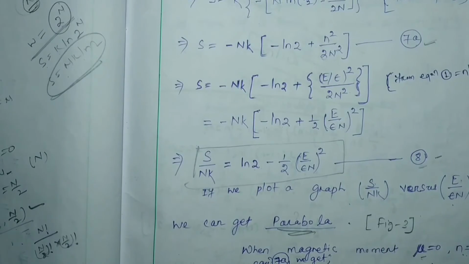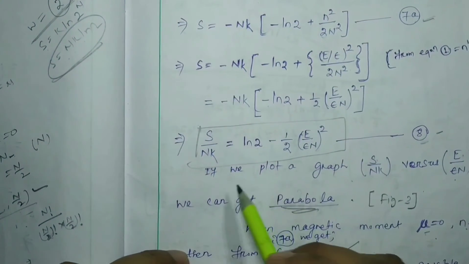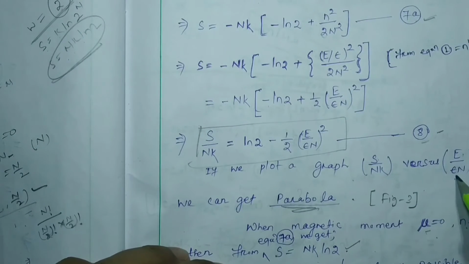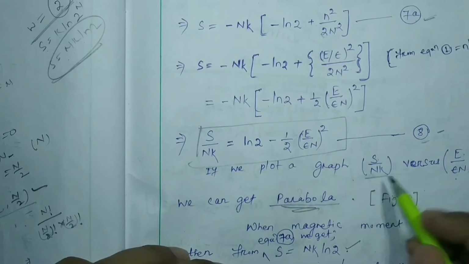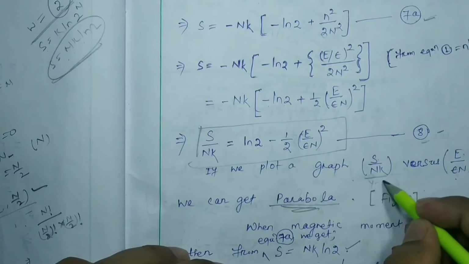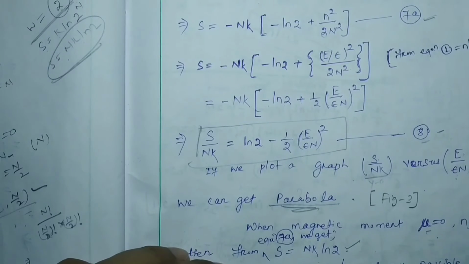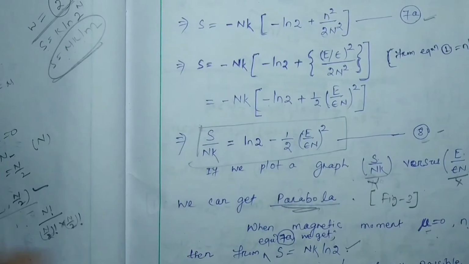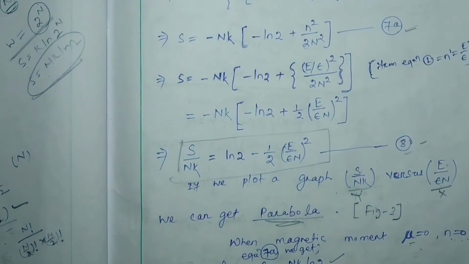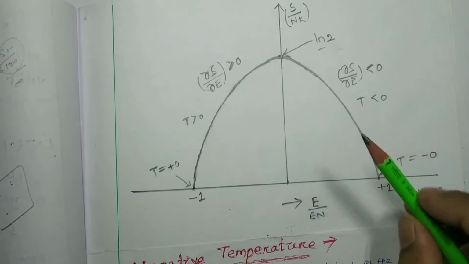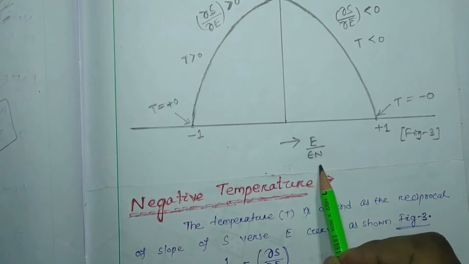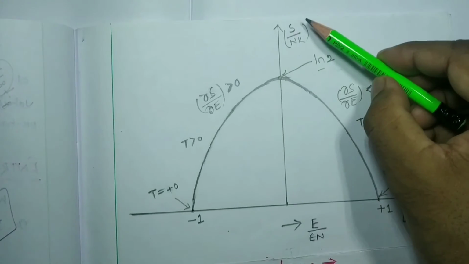And if we are going to plot the graph S by Nk versus E by epsilon N, that means this we have to consider as the y-axis, along the y-axis we consider this one, along the x-axis we consider this one, then it will be a parabola. Here I have drawn it, along the x-axis E by epsilon N, y-axis S by Nk.